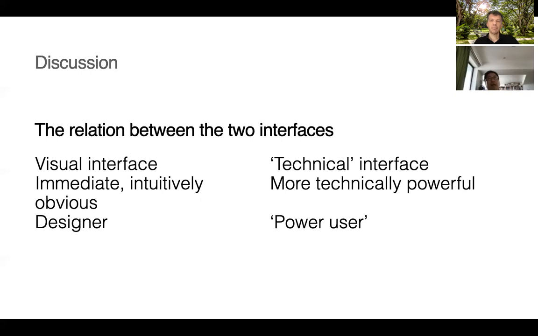On the other hand, for the technical interface, the people who got the most out of it were the people who were already quite technically proficient, who knew how to use Grasshopper, who knew some of the more technical aspects of shape grammar. And so we think that each kind of interface may have its own purpose and its own type of user. So it's not obvious that the correct thing to do is to combine these.